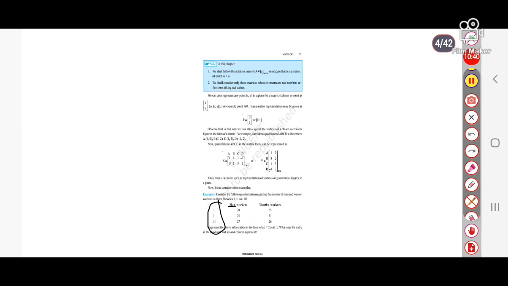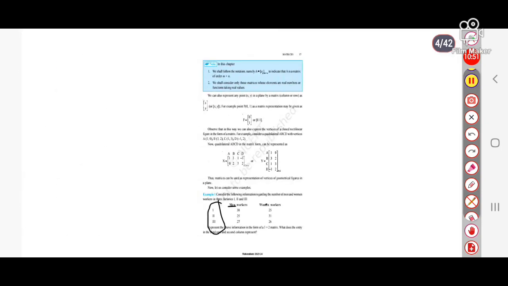They are asking us to form a 3 by 2 matrix. And what does the entity in the third row and second column represent? Now, the given question is represented as the matrix over here as the answer. 30, 25, 27 is the number of men workers in each factory, and 25, 31, 26 is the number of female workers in each factory. So again, it forms a 3 cross 2 matrix on the whole, right?